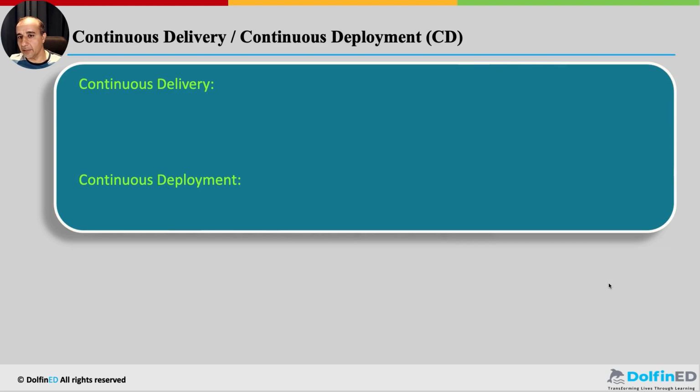On the other hand, continuous delivery and continuous deployment. What's the difference between the two? The main difference is: do we release only and then wait for approval or wait for the proper time to come and then deploy that release? That is continuous delivery.